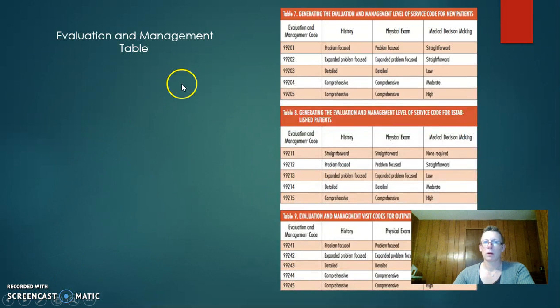99205. 4 elements of the history. 10 review of systems. And at least 1 past family social history. The exam is comprehensive. General multi-system or complete single organ system. 1 or more chronic illnesses with severe exacerbation, progression, or side effects of treatment.